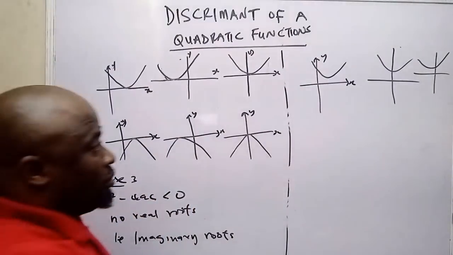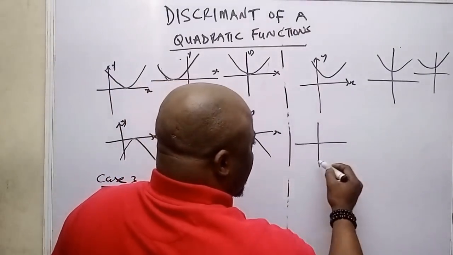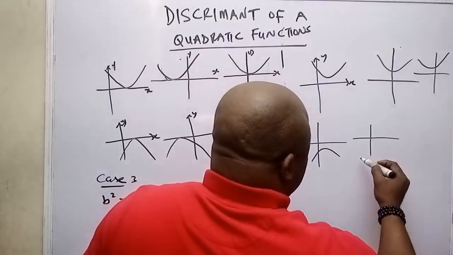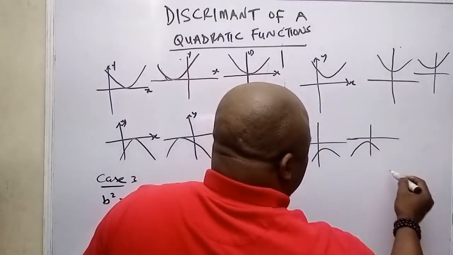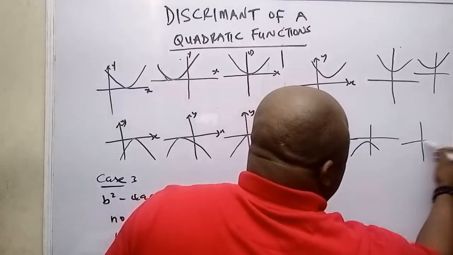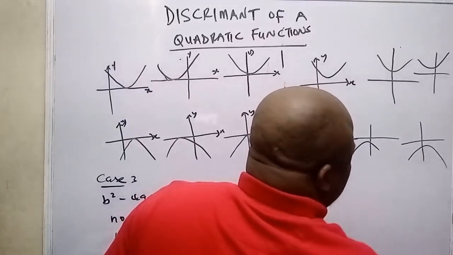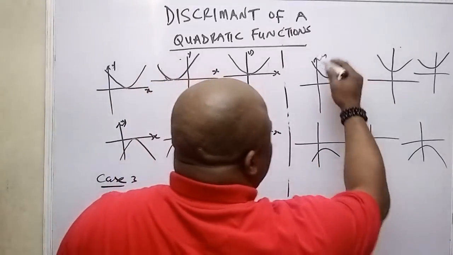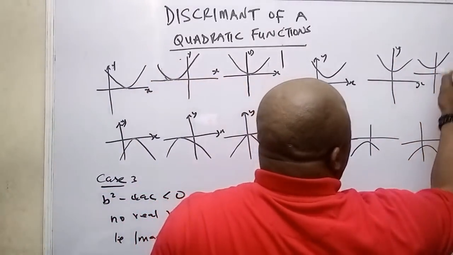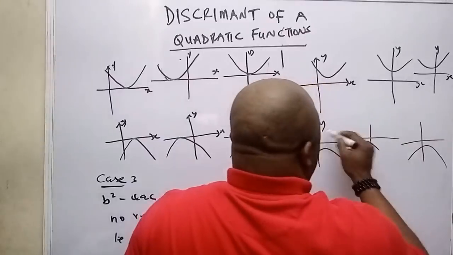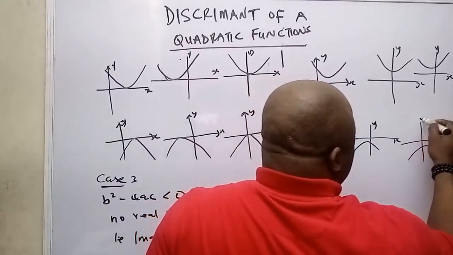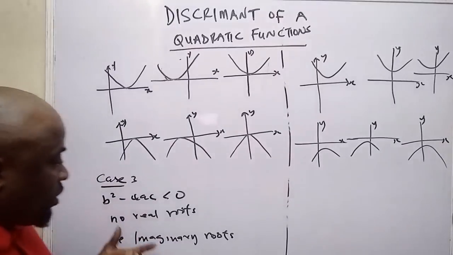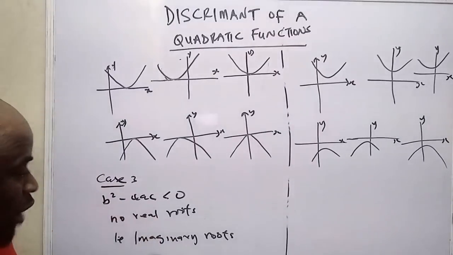You can still have it in this form. Now this is your y and x axis. So these are the three cases we can have. No real root for the third case, but you have imaginary roots.